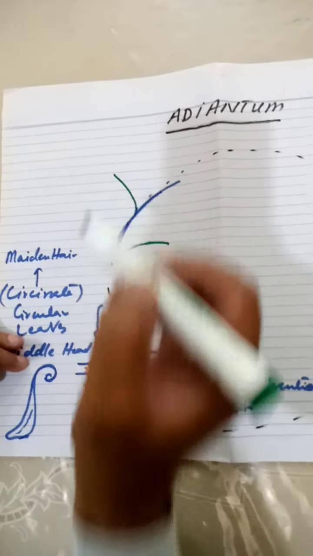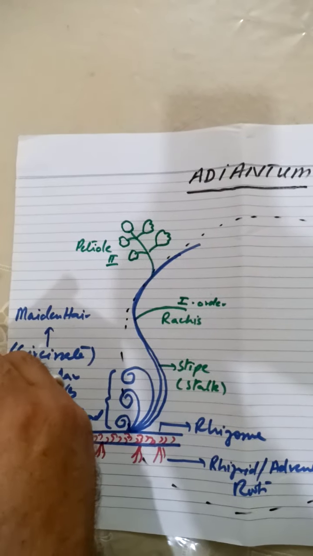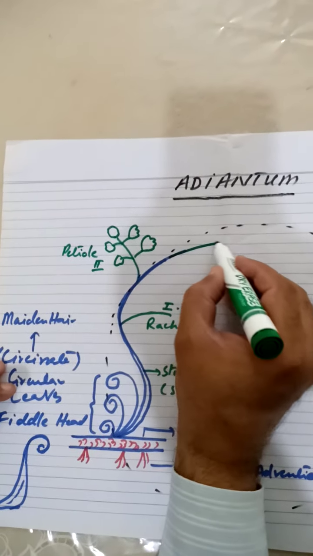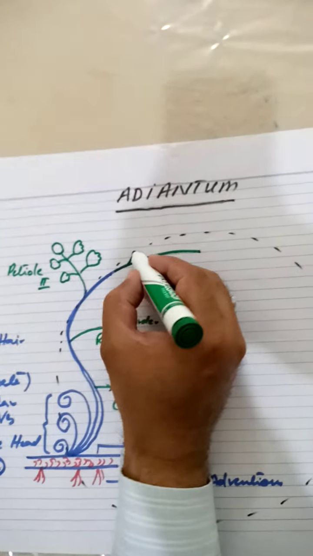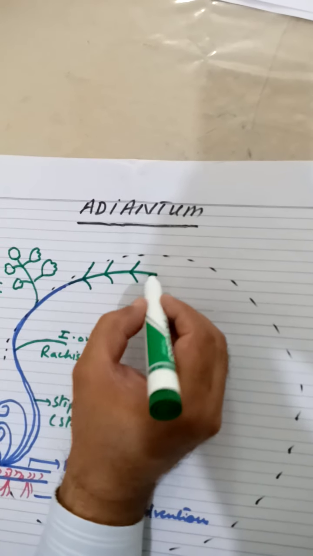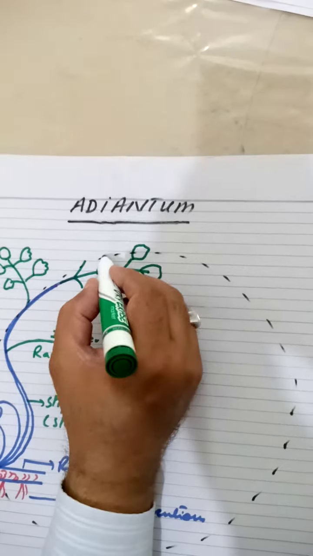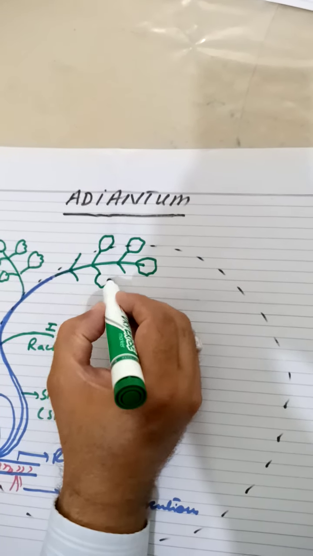The second order contains leaves, small leaves, which are called pinnules. It is stipitate. Once again, that is the compound leaf. That is the second order. That is a pinnule.